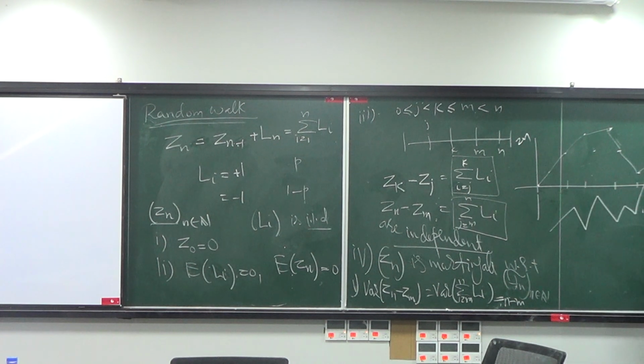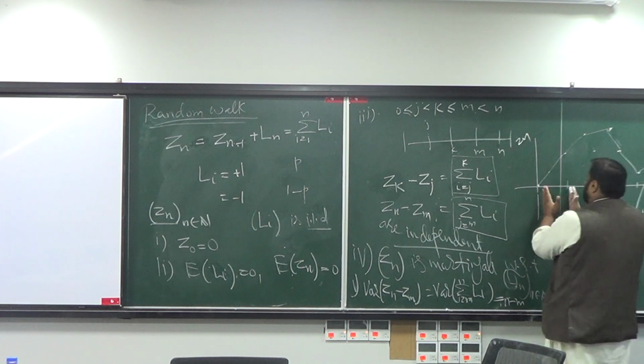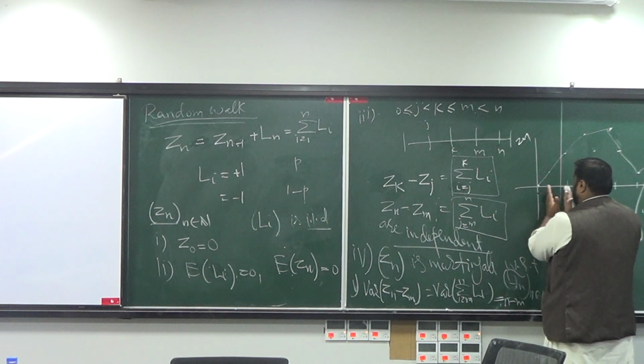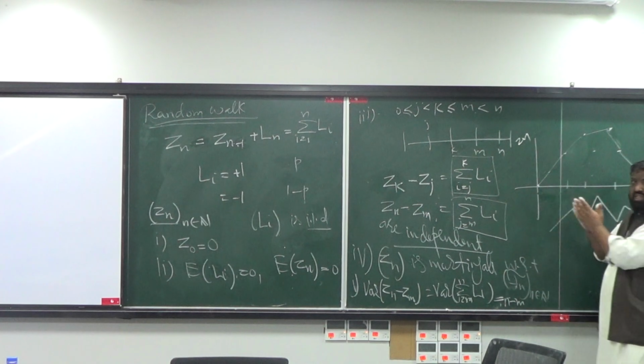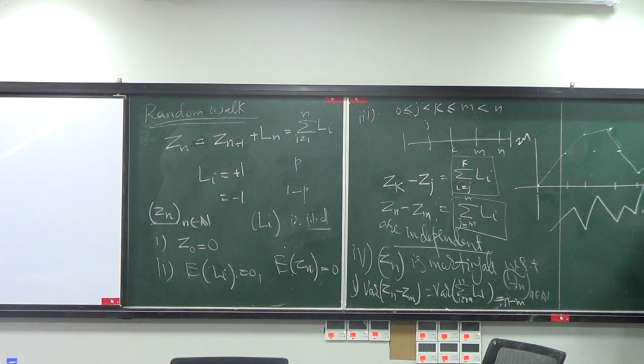Then I would like to shrink these intervals sufficiently. Imagine that I'm not playing a game after every minute, but after every second, or if I keep decreasing the time, I'm playing the same game after every nanosecond or microsecond.